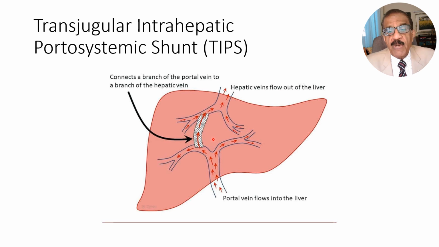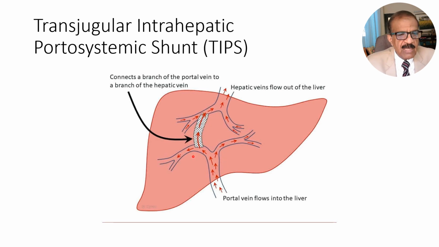There may be too much shunting, and that may precipitate hepatic encephalopathy. Since this can be regulated externally, once you see that the desired drop in portal pressure has been achieved, not too much, not too little, then you take out the catheter and this then remains in place.